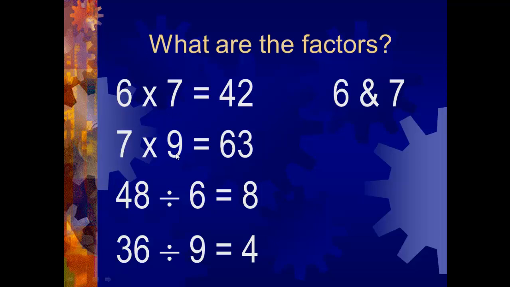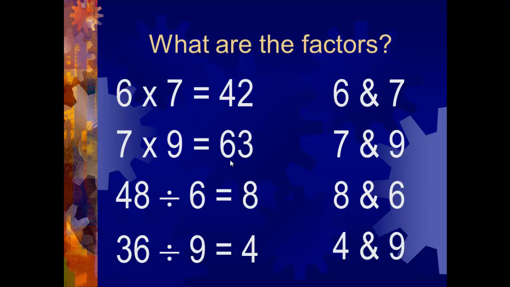Now 7, 9, 63. Yes, 7 and 9. 48 divided by 6 is equal 8. Yes, 6 and 8. 36 divided by 9 is equal 4, 4 and 9.